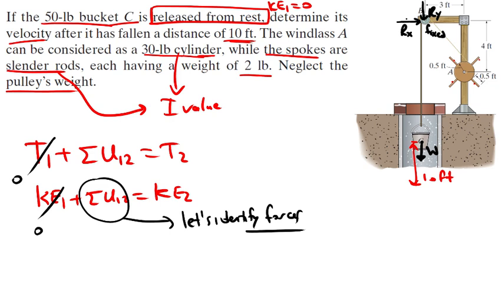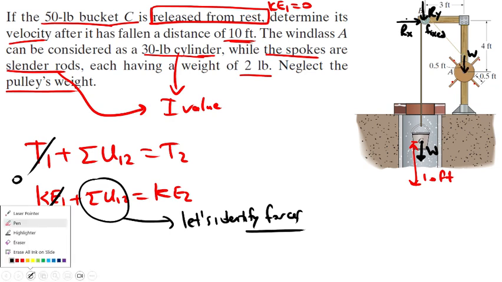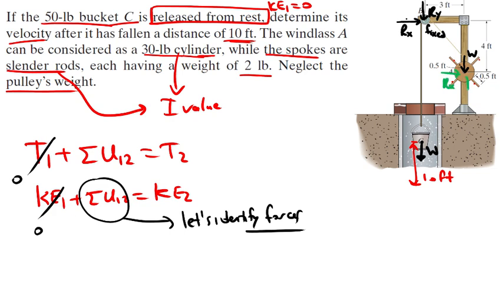Then the wheel has a weight W, and it also has friction forces, the reaction forces R_x and R_y. So these are the 5 different forces acting on the body: the reaction forces, the weight of the wheel and the spokes, the reaction forces of the pulley, and the weight of the bucket.